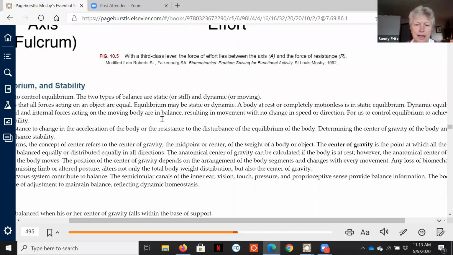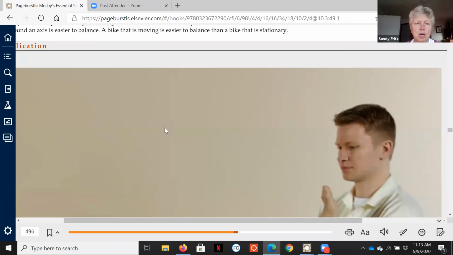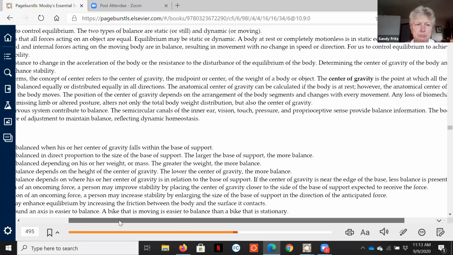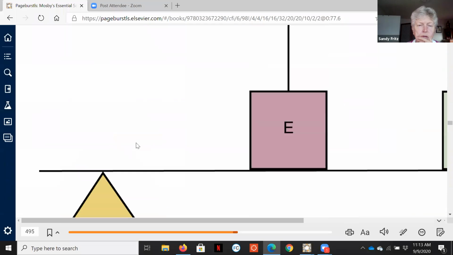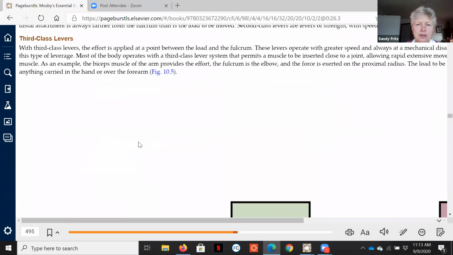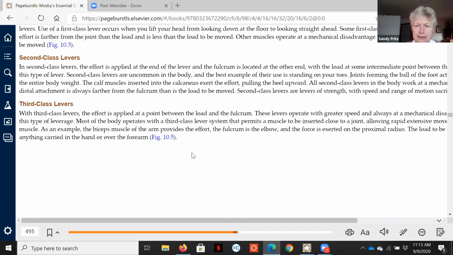And then a third class. Most of the levers in the body are third class. They allow us to have an upright position and still have the ability to move quickly.